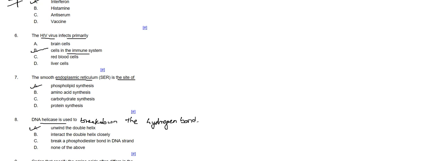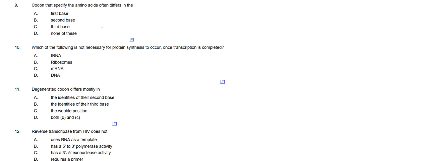Okay, next question. Codons that specify the same amino acid often differ in. So they often differ in the third base. Okay, the codon differs in the third base. Next is, which of the following is not necessary for protein synthesis to occur once transcription is completed?